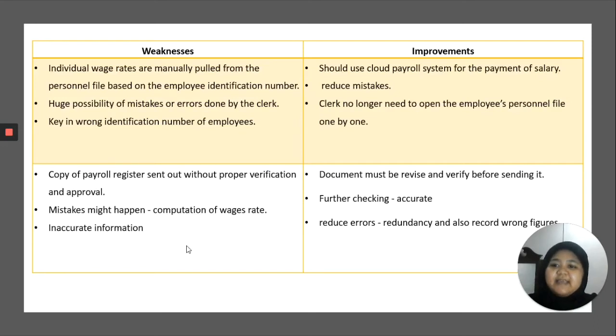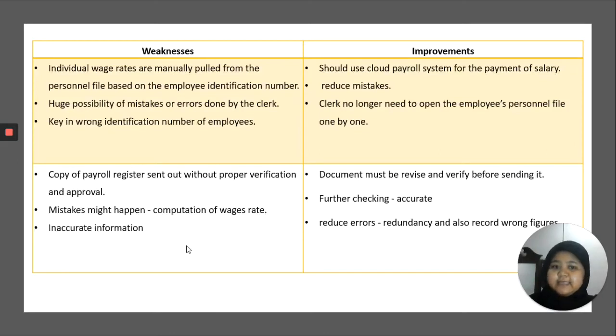The fourth one is that the copy of the payroll register is sent out without proper verification and approval. When we process the data, mistakes might happen, such as mistakes in the computation of wage rates. When a mistake happens, it will give inaccurate information. But when the department just sends out the information without checking it again, it will give the wrong information to the other department. Thus, the information will not show a true and fair view.